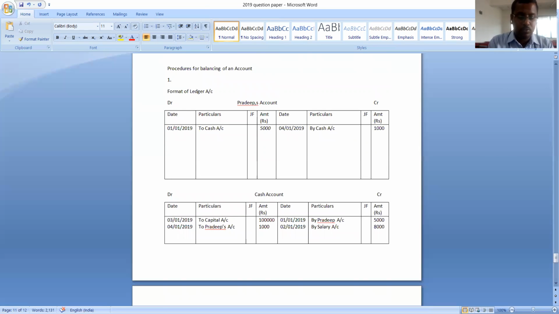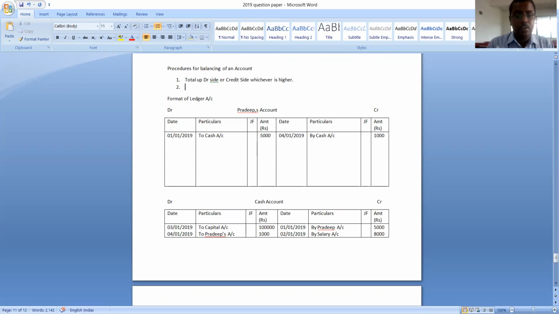What is the first step? First step is total up the debit side or credit side, whichever is higher.